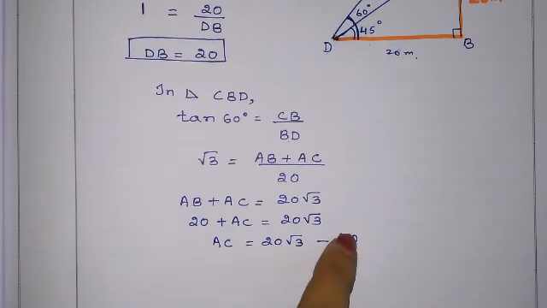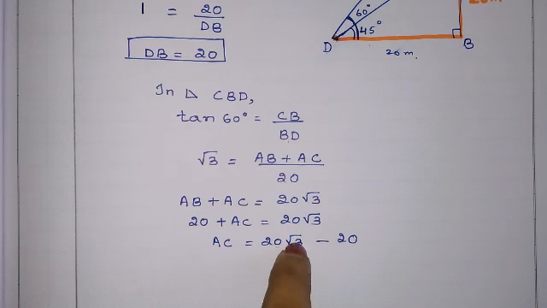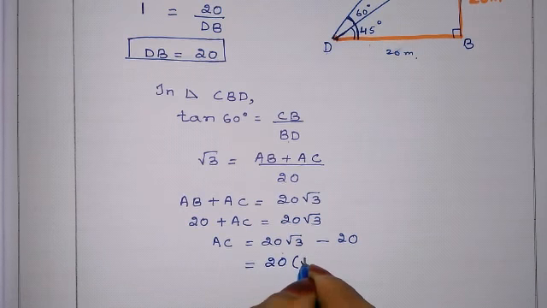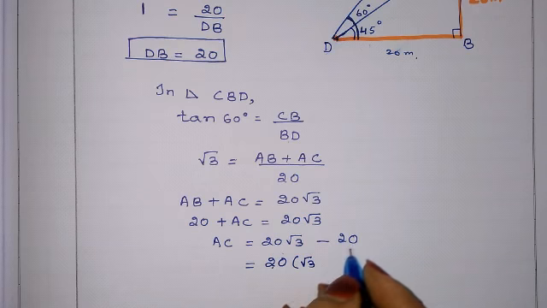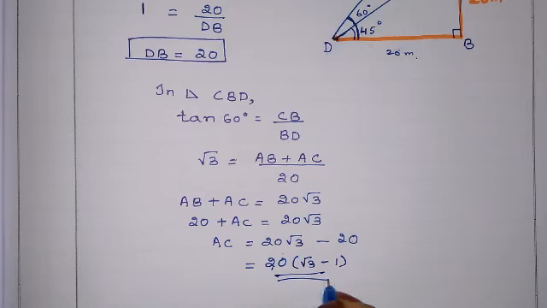Here we cannot subtract because they are unlike terms. If root 3 is here, root 3 should be there too; then only we can add or subtract. So 20 I take common, root 3 will be left, and if I take 20 common, nothing means 1.